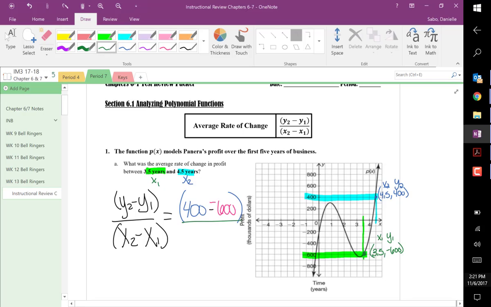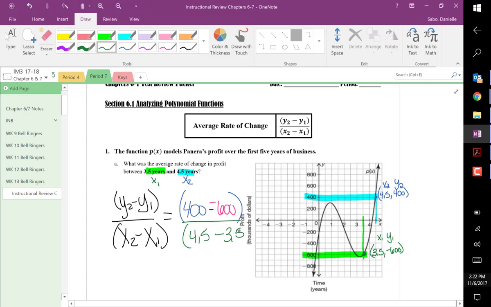Now here's the cool part, is where you can just keep going with the formula, but they should always be on top of each other. So whatever x value goes with 400 is what I should be writing below it. So here's 400. What's the x value that goes with it? 4.5. Minus my x1 value, which is what?